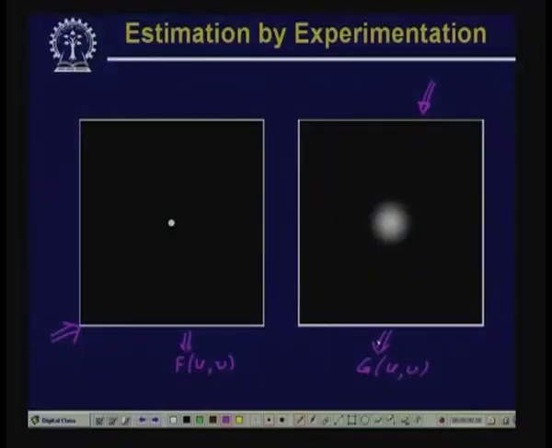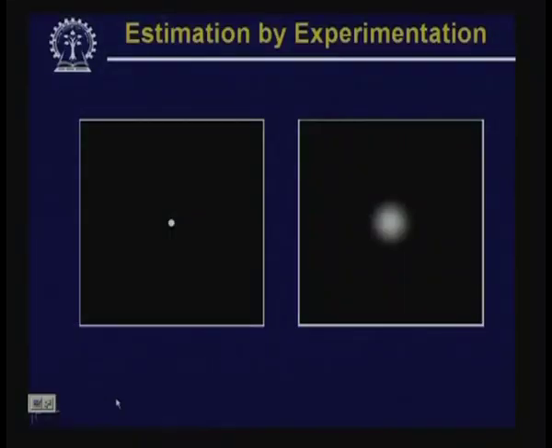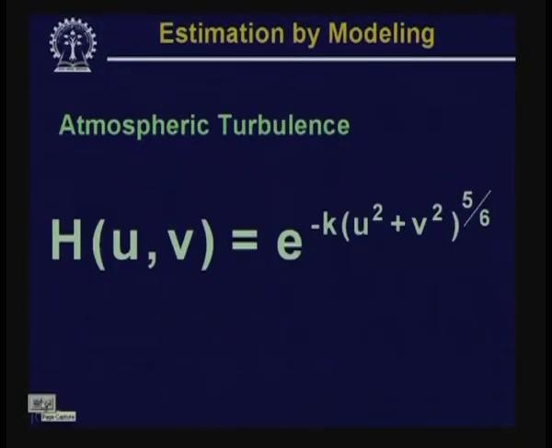So, if I simply take the Fourier transform of the response, which is the impulse response, or in this case the point spread function, then this divided by the corresponding constant will give me the degradation function H(u,v). This is how we estimate the degradation function, or the degradation model, of the imaging setup through experiment.